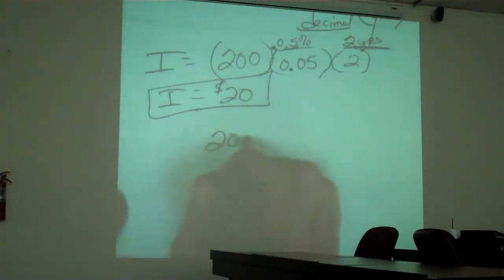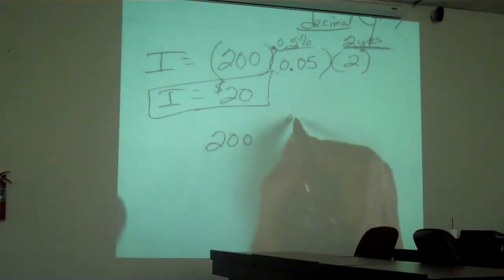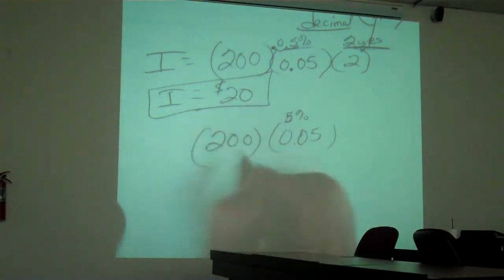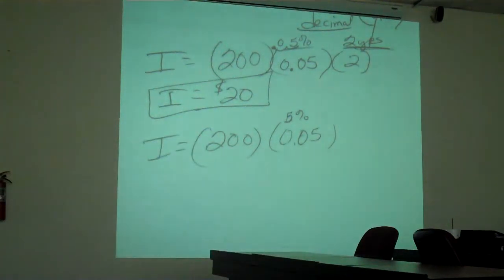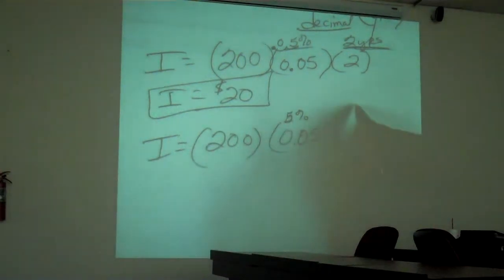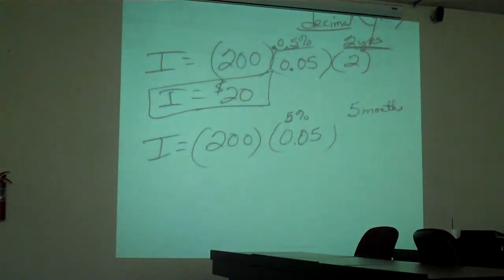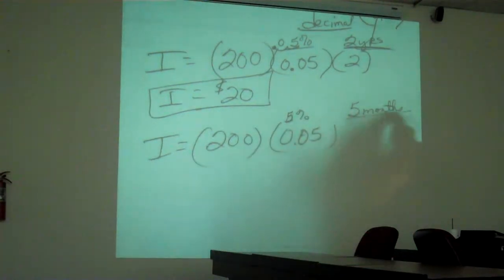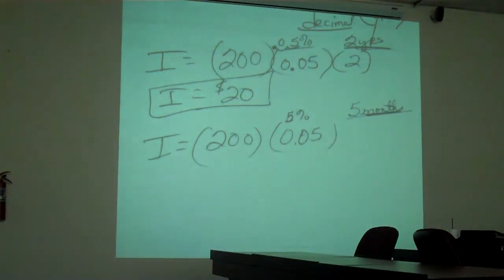Okay? Say we had the same amount of money at 5%. That'd be 0.05 again, right? Let's say we had it in the same account for 5 months. The time has to be in terms of years. So 5 months is, how many months are there in a year? 12.